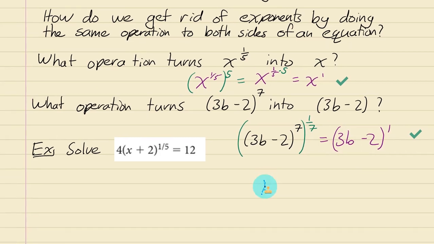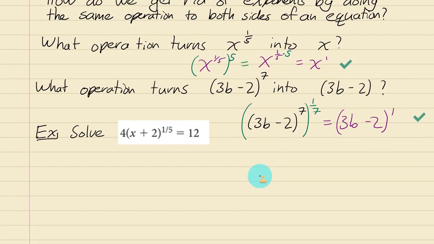So let's see here. The first thing I'm going to show you is a really common mistake with this. If you have this example and you raise both sides to the power 5, let's look at what will happen if we have this 4 times the quantity x plus 2 to the power 1/5.